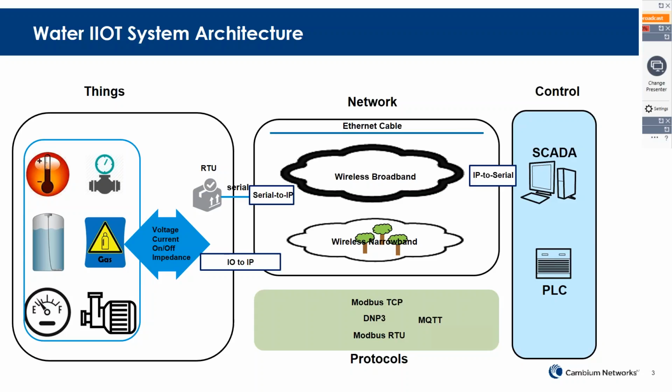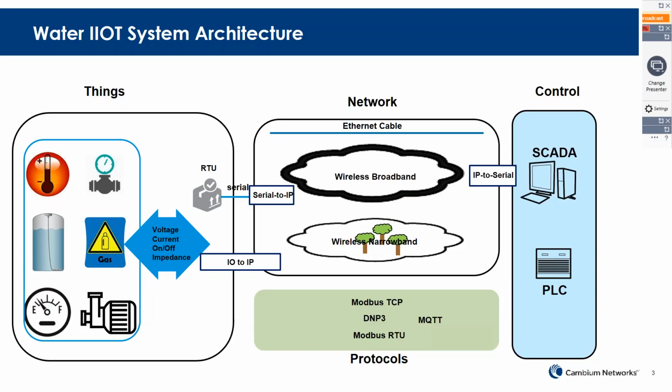So to connect to the internet, the serial interface needs to be converted to IP. So you would throw in a serial to IP device, which converts the serial traffic into IP to be carried over the network, and then converts it back to serial if the SCADA master happens to use a serial interface, which traditionally is the case.